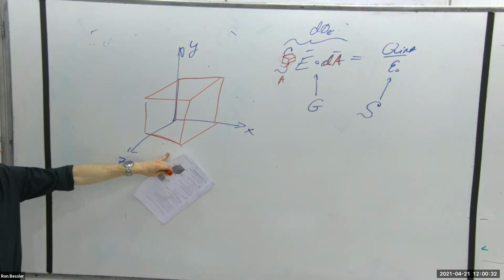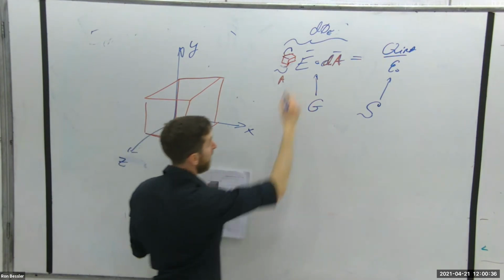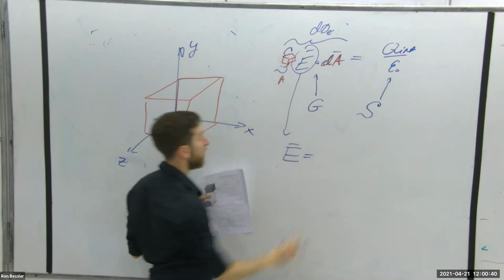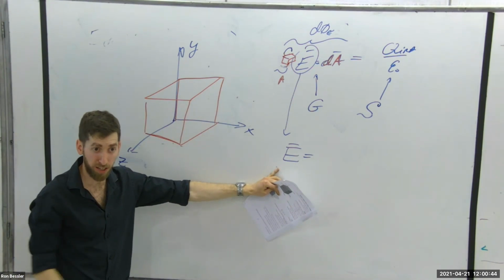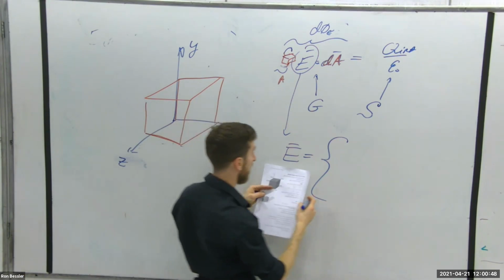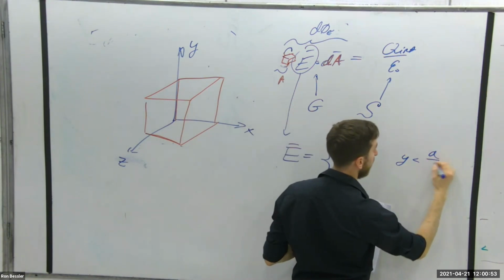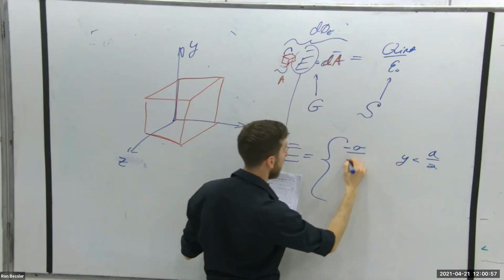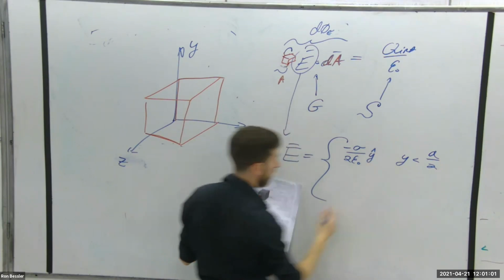perfect. So now I also know what is given. It's given that the electric field in space, I don't know who created this electric field, but I know that it's equal to this. When y is smaller than a over 2, its value is minus sigma divided by 2 epsilon naught in the y direction. When y is in between 3a/4 and a/2, its value is minus 3 sigma over 2 epsilon naught in the y direction.